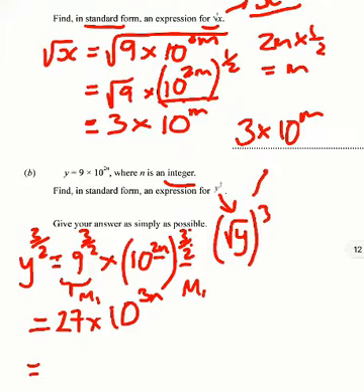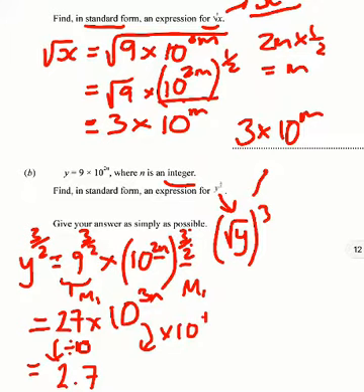Because we want that to be 2.7 to make the first bit to be between 1 and 10, what we've done there is we've actually divided by 10. Now, we can't just divide our answer by 10 because it will make it smaller. So what we're actually going to do is times by 10 to balance things up. But when you're timesing by the same base, you're adding the power, and timesing by 10 to the power of 1 will add 1 to the power.